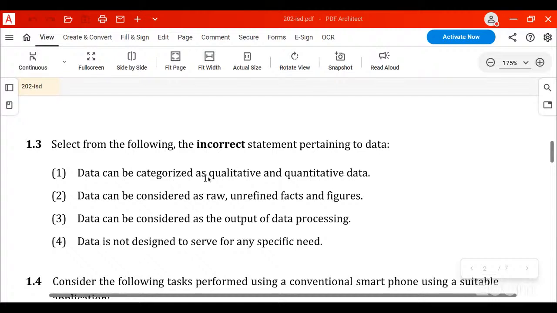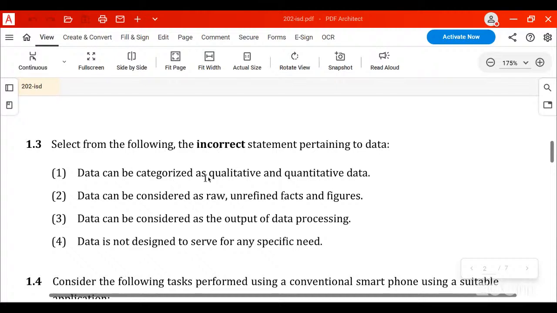This is asking for the incorrect thing. Data can be considered as raw, unrefined facts and figures. Yes, data is unrefined. We can't categorize it. That is raw and unrefined. Unrefined means that it is not processed.